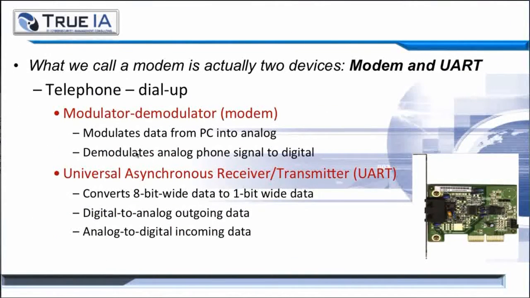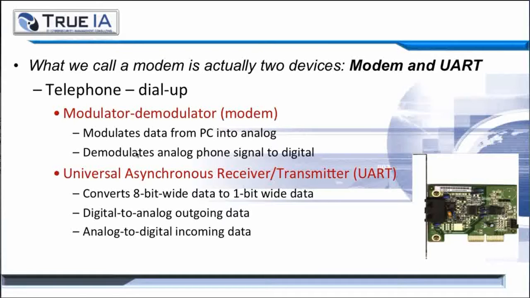So what we call a modem is actually two devices. It's a modem and a UART. When dealing with dial-up lines, you need some way to convert analog to digital and then back. We do that via the modem.